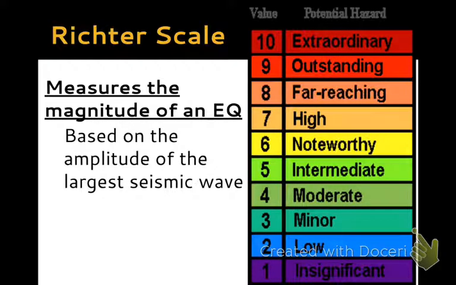We could feel it a little bit here. So that was definitely a far-reaching earthquake. And then you have 10 extraordinary. And that is just going to be absolutely devastating, tons of damage, and all of that stuff. I don't know the last time there was a 10 earthquake anywhere. That would be interesting to look up after notes, but that would be very, very bad, obviously.